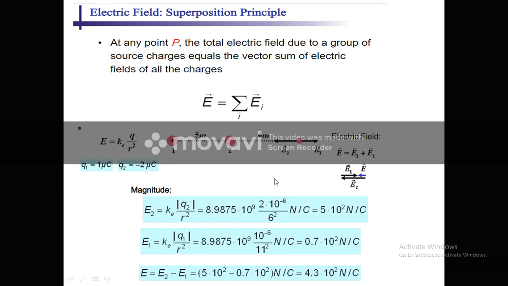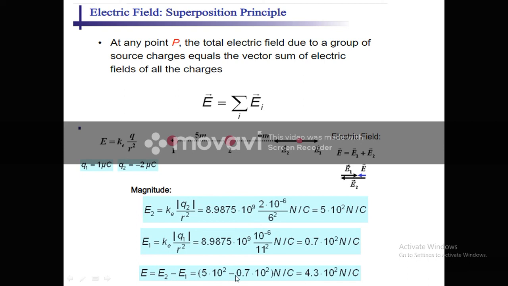As these two are in opposite directions, the net would be E2 minus E1. If these two vectors were in the same direction, then we would add them up. Now in this case you have to subtract.